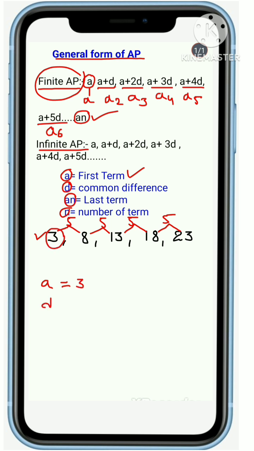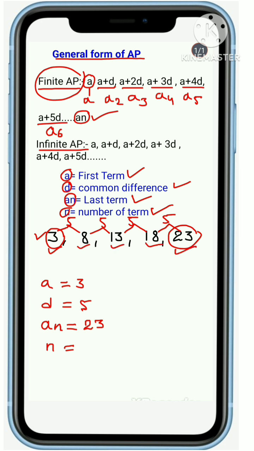Similarly, D, which represents common difference, which we have already obtained here, that is 5, and AN, which represents last term, and in this AP last term is 23, so AN equal to 23, and N, which represents number of term, and here how many terms are there in this AP भन्दाखेरि here 1, 2, 3, 4, 5 terms, so N equal to 5, right?